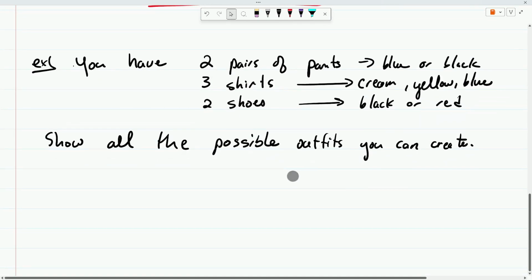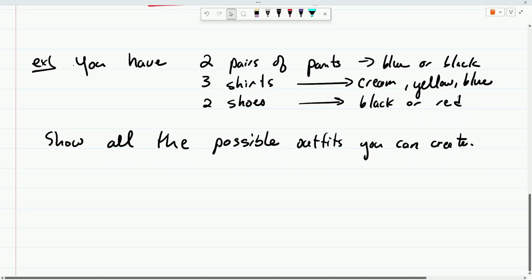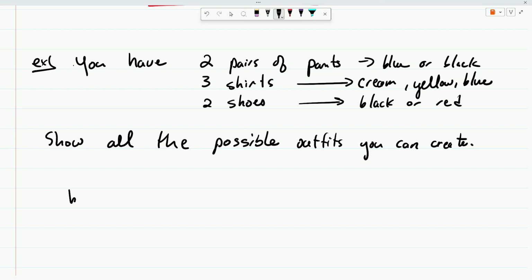All right. So one way you could approach this is you could just try to start to write everything out. Like, okay, well, I have my pants are first, and I'm going to use the cream shirt, black shoes. All right, that's one. Actually, let's use the blue jeans.